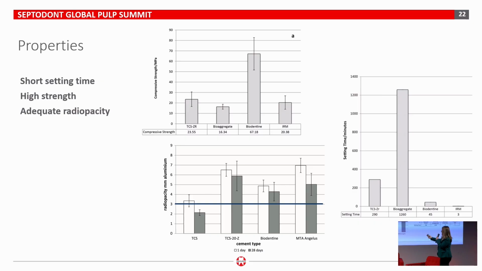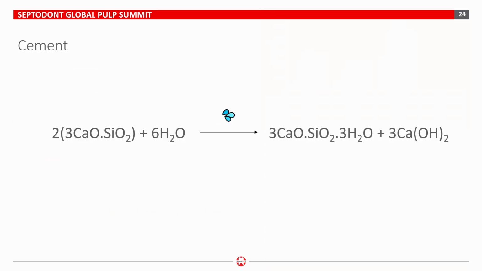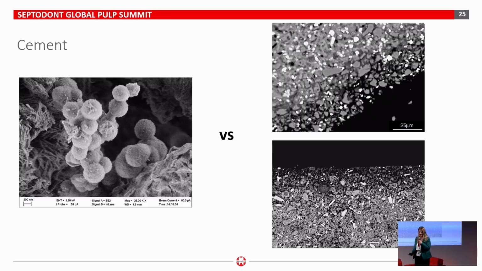You can see in this slide the short setting time, the high strength, adequate radiopacity, high calcium ion release, dentine bridge formation, and the material is clearly antimicrobial. So, a very, very important reaction to remember. The reaction needs water and forms calcium silicate hydrate and calcium hydroxide.